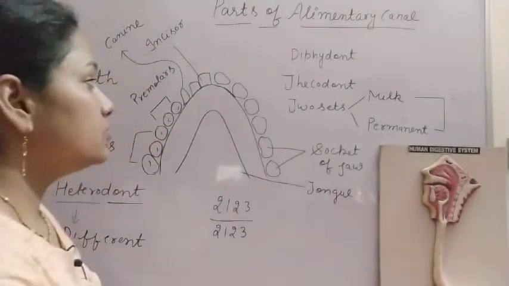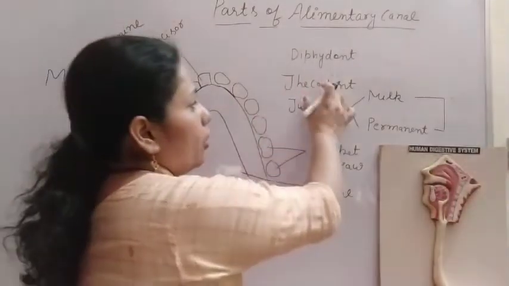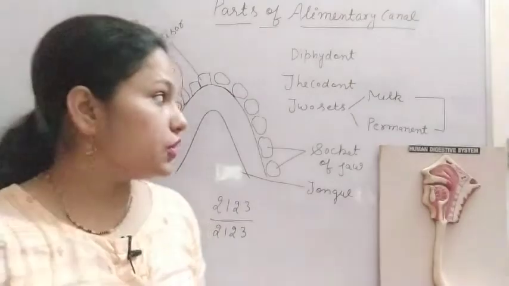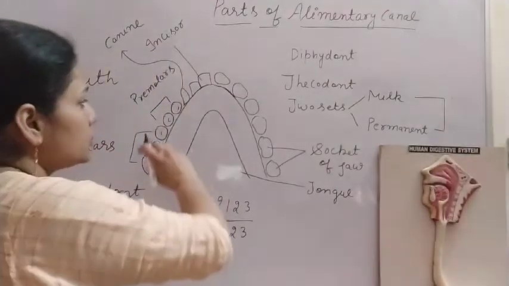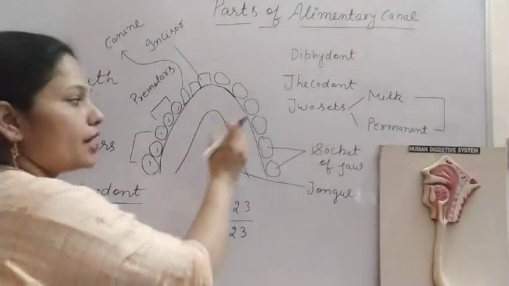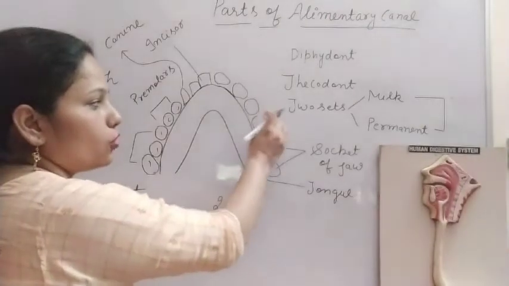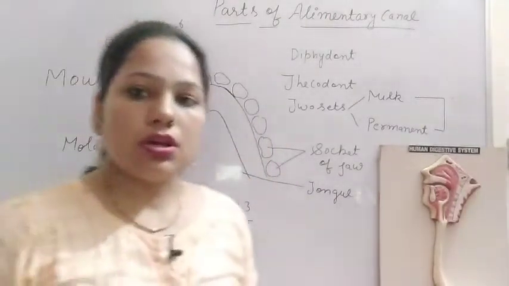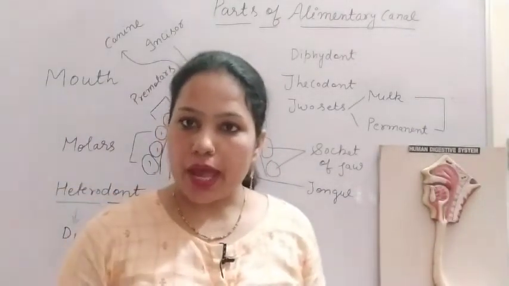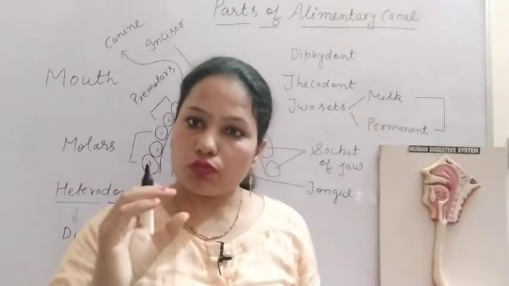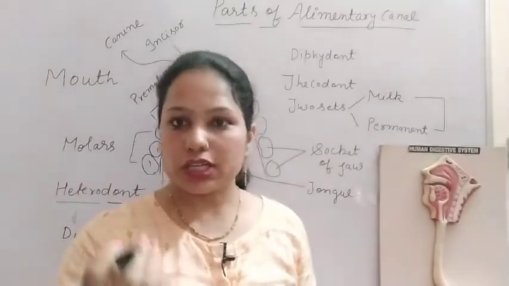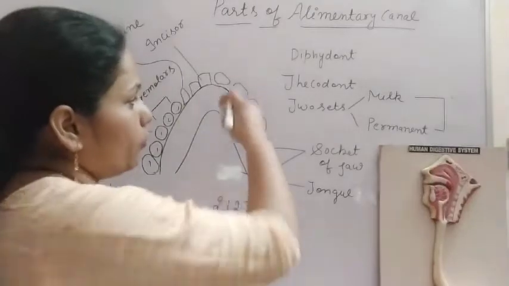The second term is thecodont. So what is thecodont? These teeth are present inside the sockets of the jawbone. हमारा जो जॉ होता है उसके अंदर वो सॉकेट बनाता है और उस सॉकेट के अंदर ये जो टीथ हैं वो पैक होते हैं.